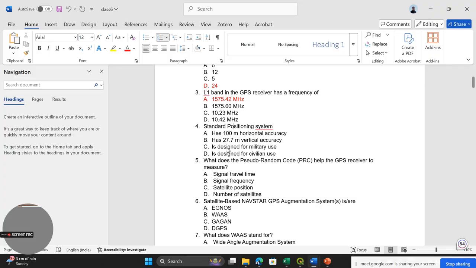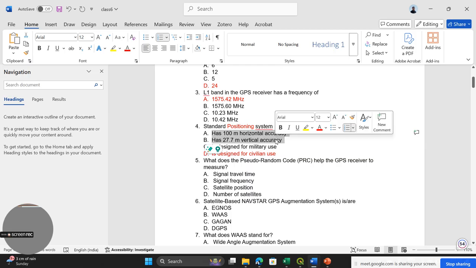There are two, standard and restricted. From the name only you can think that standard is for civilian use, not for military. So one option is SPS is for civilian purpose, not military purpose. And is any one of these correct?